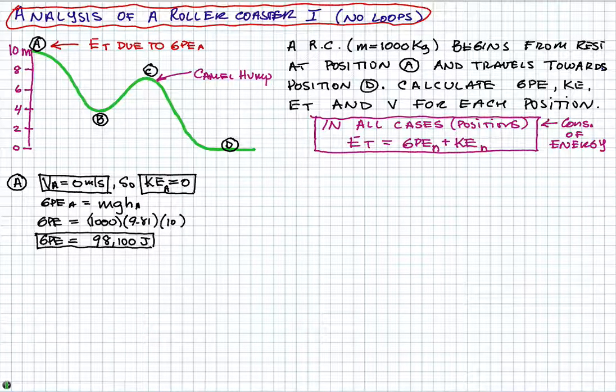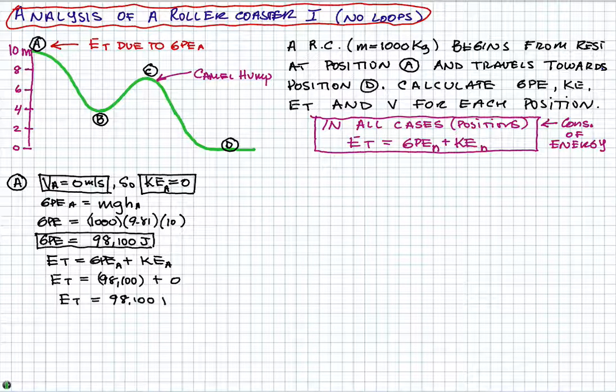And we stated earlier that ET is equal to GPE plus KE. I guess this would be at position A. So ET is equal to 98,100 plus 0. So ET is equal to 98,100 joules.